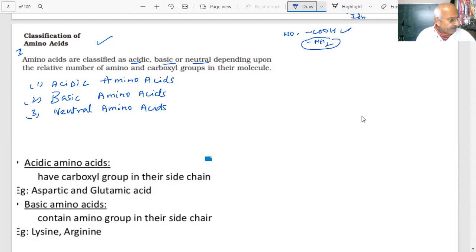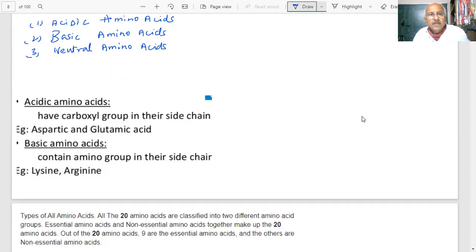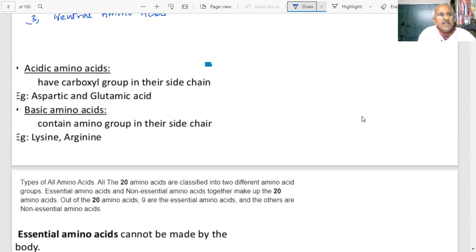Therefore, the acidic amino acids have a carboxylic group in their side chain. Examples are aspartic and glutamic acid. We have shown there is a side chain beside what I told you: the R group, the NH2 group, then the COOH group.